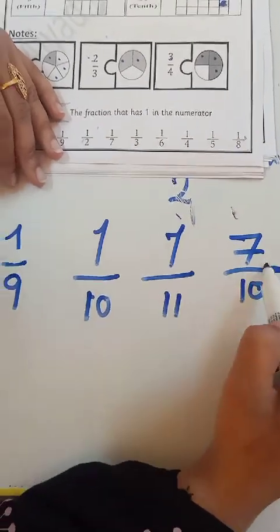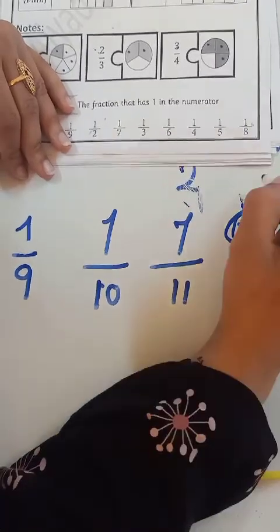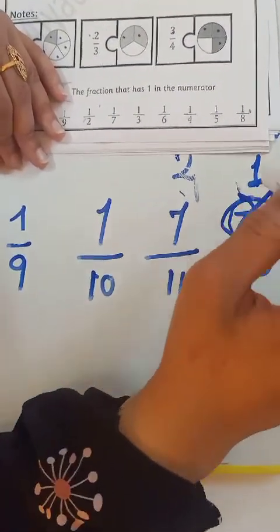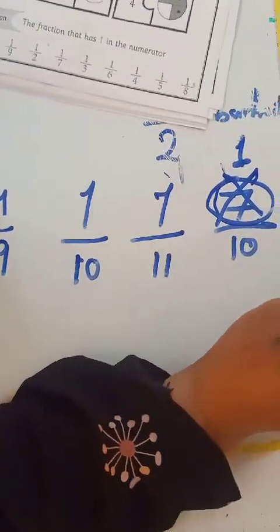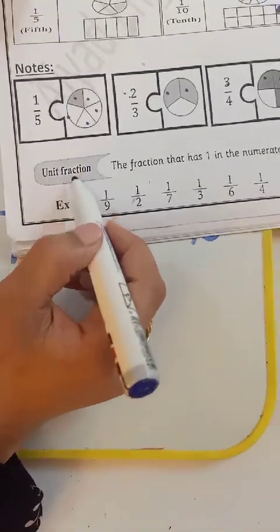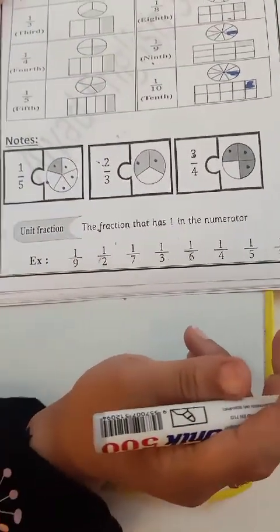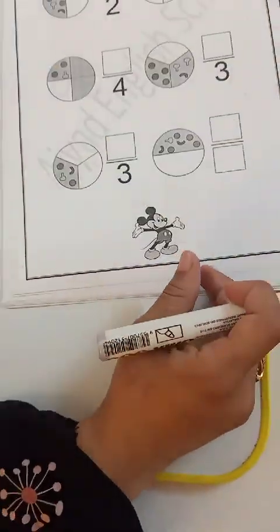No. Why? The numerator is 7. The unit fraction is the fraction whose numerator is 1 only. Okay? These are examples of unit fractions.